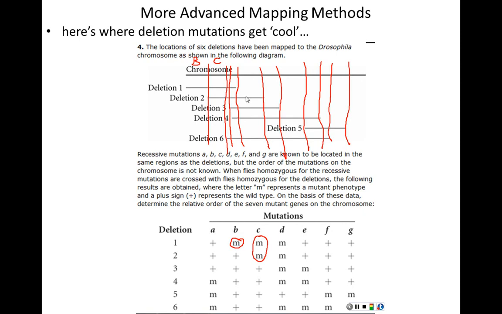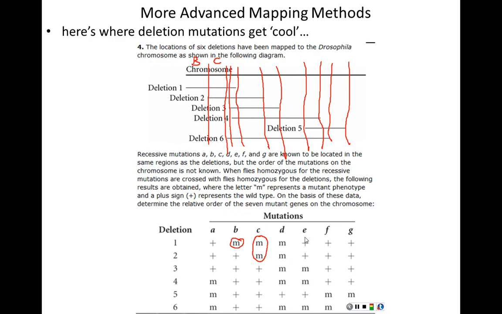Moving on. Is there any gene, I'm just going here because it's the largest space, it's going to be easier to see, that is showing its mutant trait in deletion 2, 3, 4, and 6, but no others? They say no, there aren't.